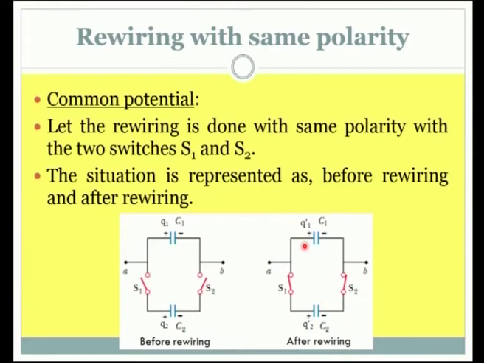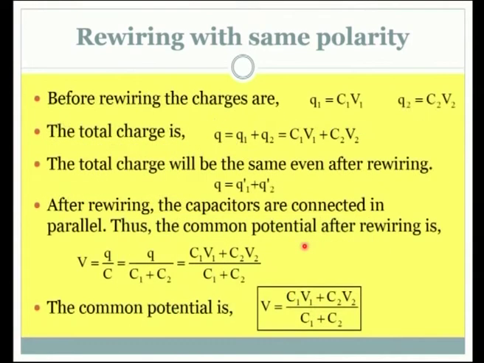So, what is the discussion we have for this? Before rewiring, the charges are given with these expressions. The total charge should remain the same even after rewiring. So, we have written the expressions here. The total charge will be the same even after rewiring.